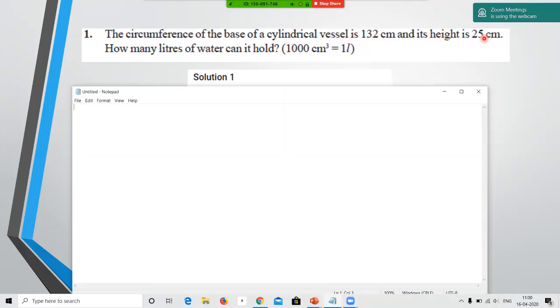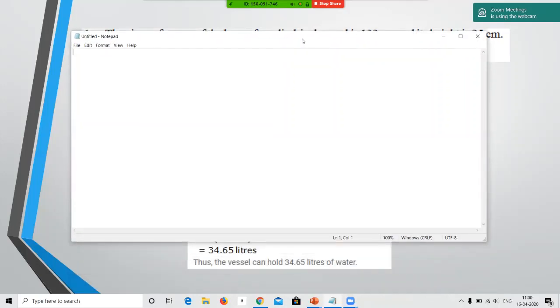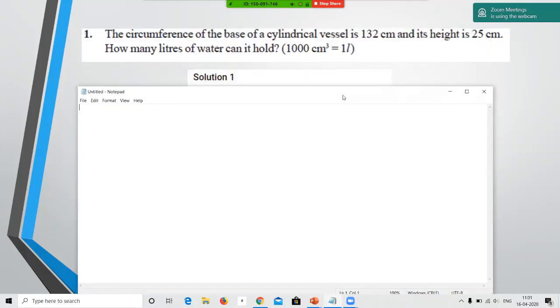The answer is 34,650 centimeter cube, I guess. So if you convert into liters, it becomes 34.65, right? That's what you got. Others wind it up.